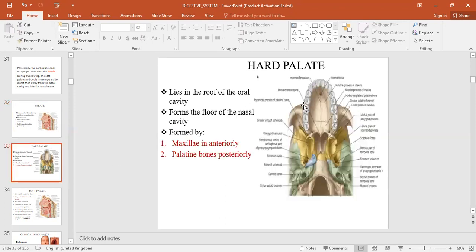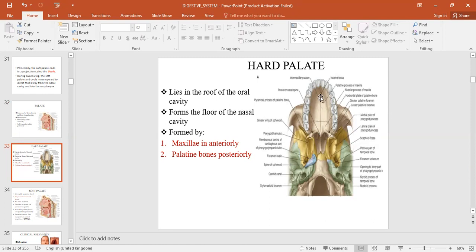I'll show them here. This part is the maxilla, the one in front. This is the palatine. We are looking at the mouth from the undersurface, and this is the roof of the mouth. So that is the palatine bone and the maxillary bone in front. Collectively, these two bones form what we call the hard palate.